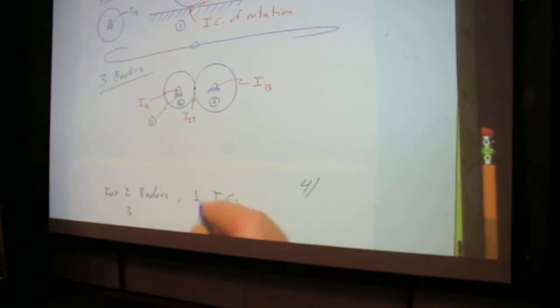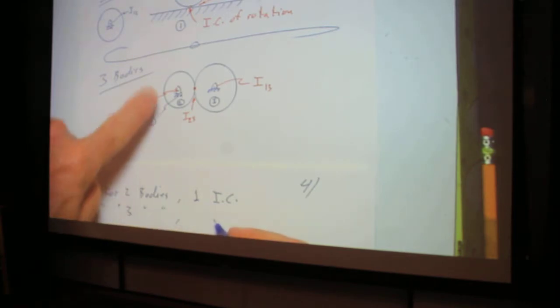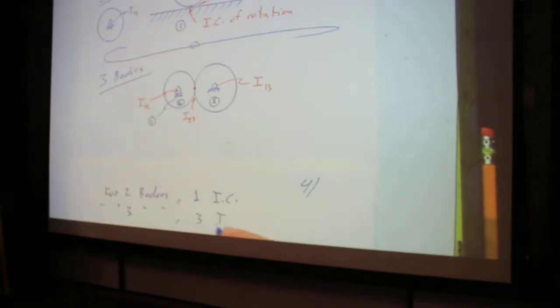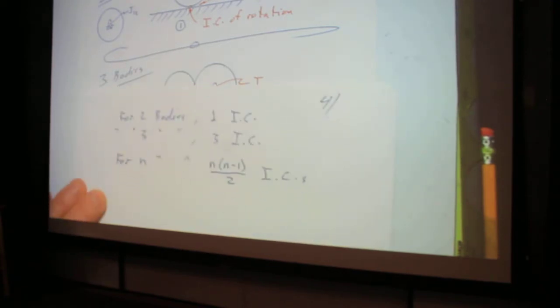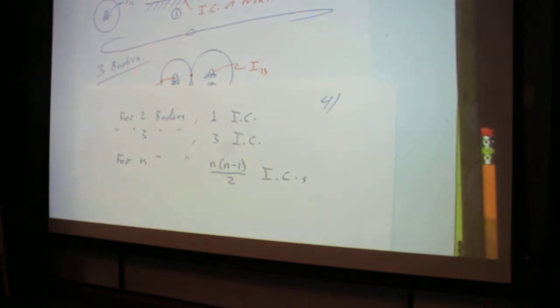For 3 bodies, we have 1, 2, 3 instance centers. And then you can extrapolate out from this for n bodies. We have n times n minus 1 divided by 2 instance centers. Okay?